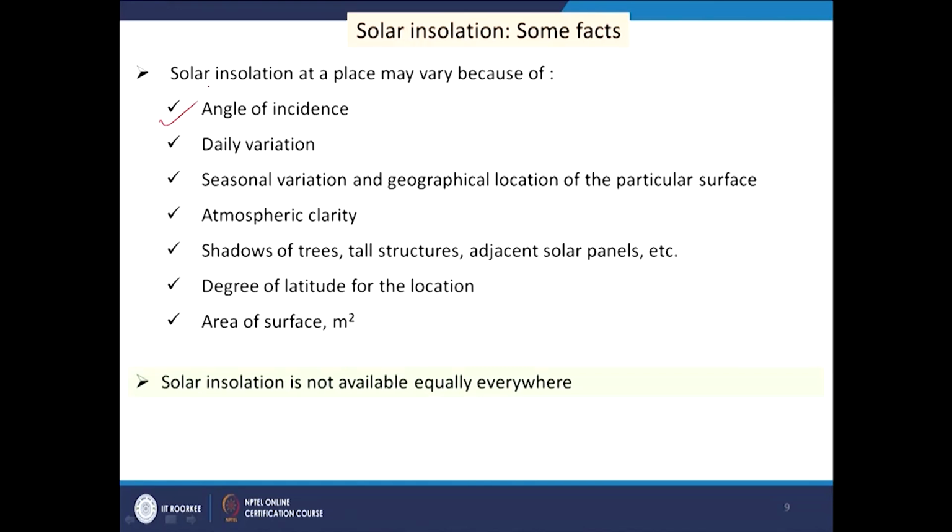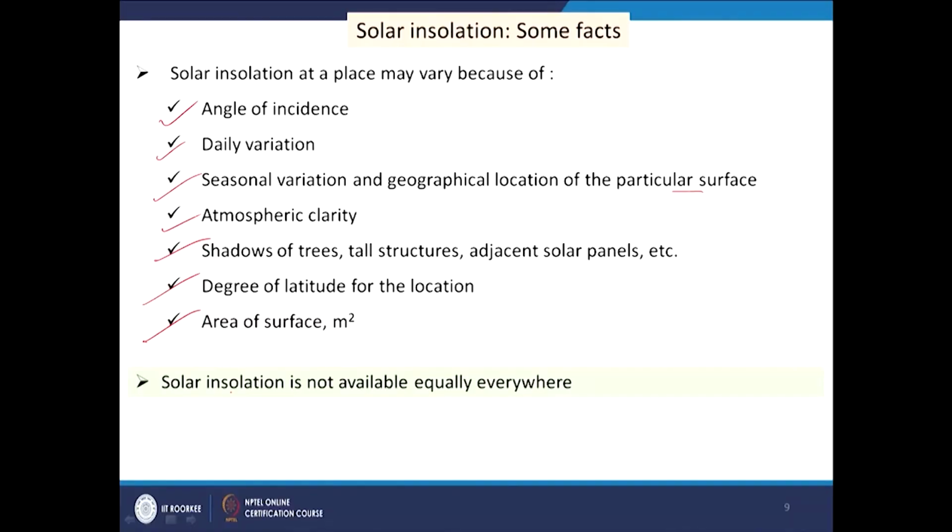Now, there are many factors which influence the solar insolation. What are those? Angle of incidence, daily variation, seasonal variations and geographical location of the particular surface, atmospheric clarity, shadows of trees, tall structures and adjacent solar panels, degree of latitude for the location, and area of the surface.